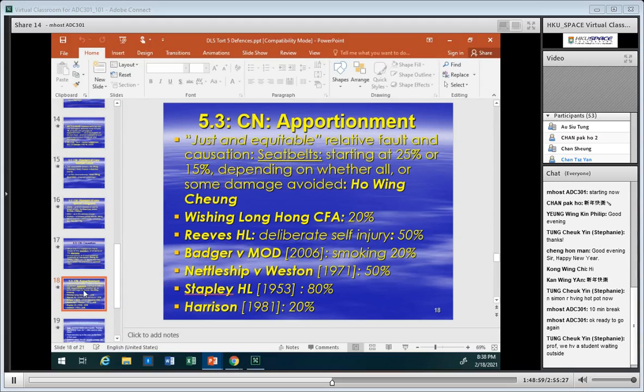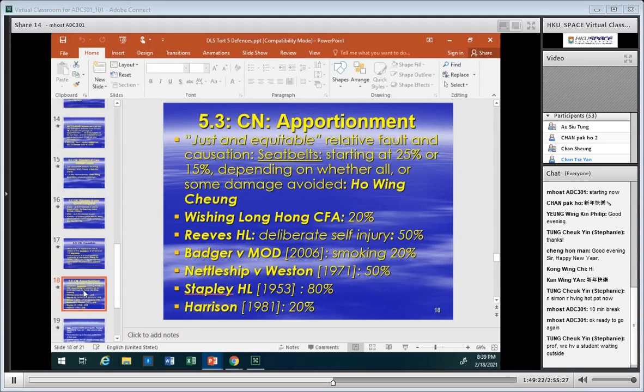Well, you can pretty confidently predict that in seatbelt cases, the defendant would be able to prove that in Hong Kong, a reasonable person would wear a seatbelt if it's available. So if the plaintiff was not wearing a seatbelt at the time, and indeed there is causation, you've got to also remember to prove causation. Well, how much will the damages be reduced by?